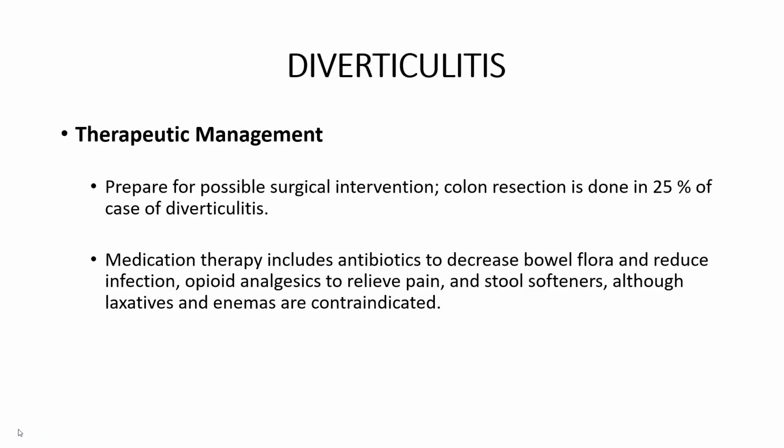Colon resection is done in 25% of the cases of diverticulitis, especially if the diverticula ruptured. What they do sometimes is that a person comes in and they're not quite sure. They do a CAT scan. They don't know if they want to actually do surgical intervention. What do we do? They'll probably go in and do a laparoscopic surgery.